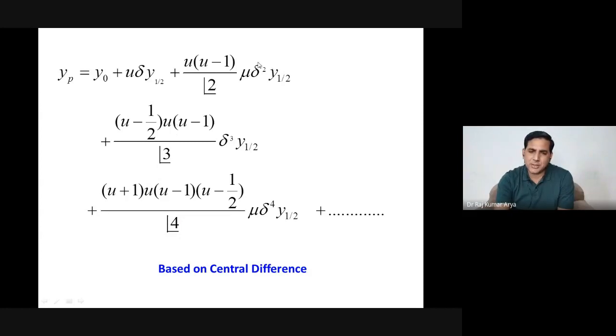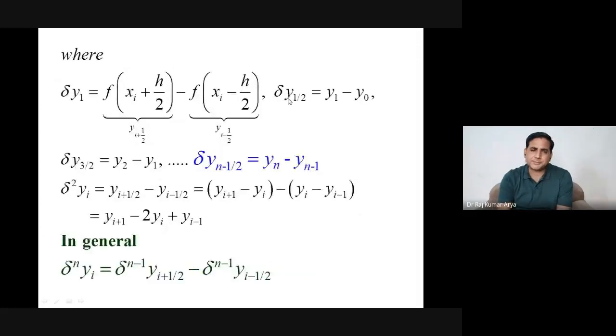Let's see how to calculate this, mu del square y at 1/2. So you will come to here. Your central difference del y1 is calculated by this only. Your total interval size was h, so you go h by 2 forward and h by 2 backward so that you can come to the center.